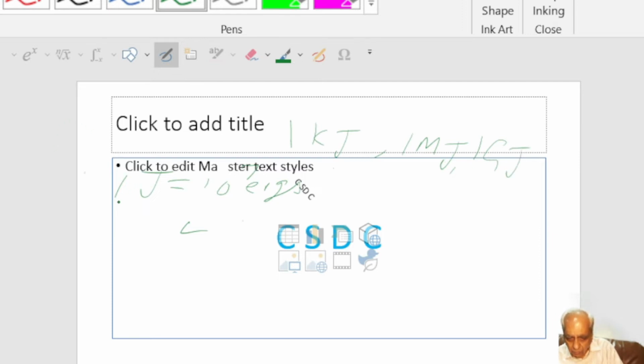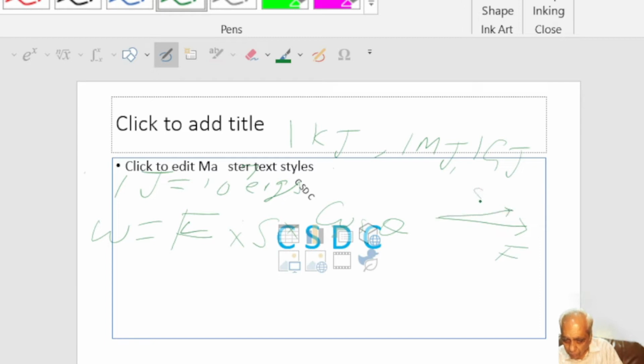Now, work done W is equal to F multiplied by S multiplied by cos theta. See, you are applying the force in this direction. Body is moving in this direction.